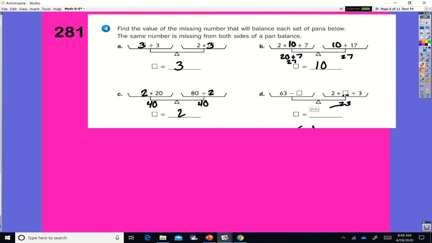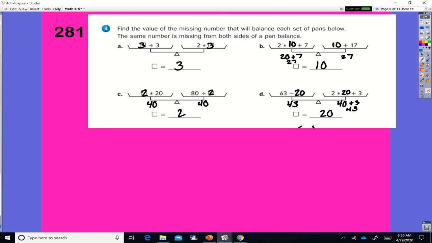And kind of like our trial and error, if our numbers aren't close, we're going to have to adjust. So here, I'm going to put 20. 63 minus 20 gives me 43. 2 times 20 gives me 40, plus 3 more also gives me 43. So we're going to get 20 in that box.